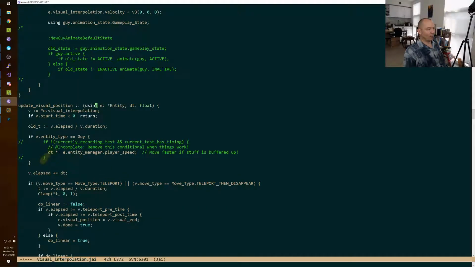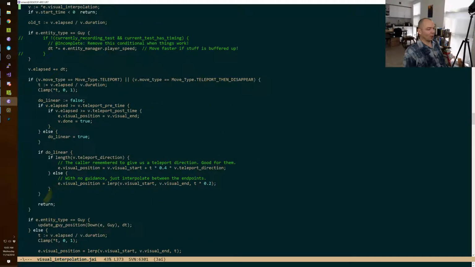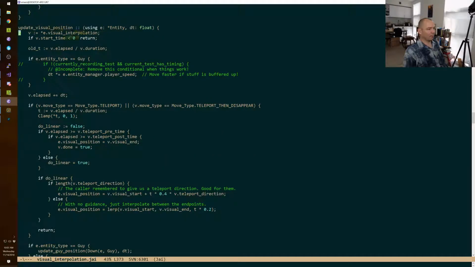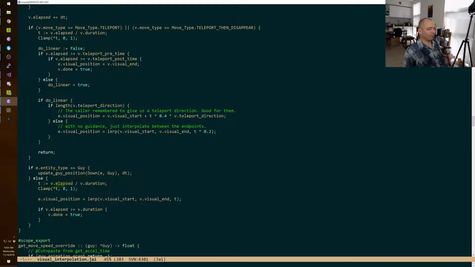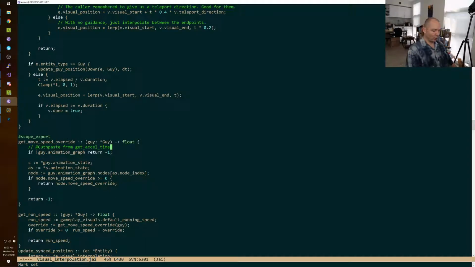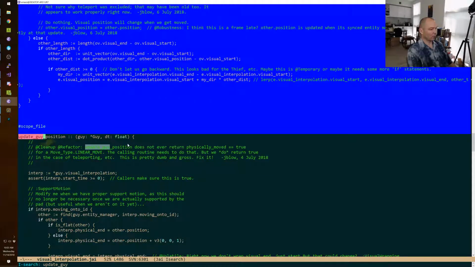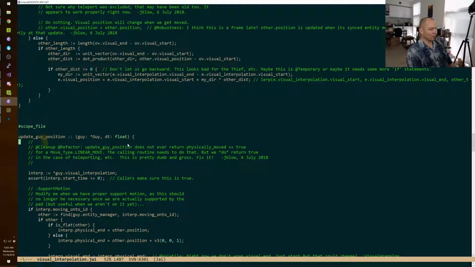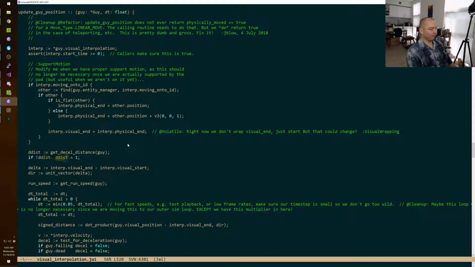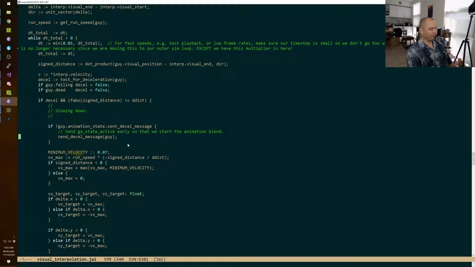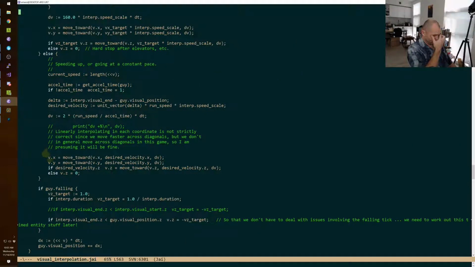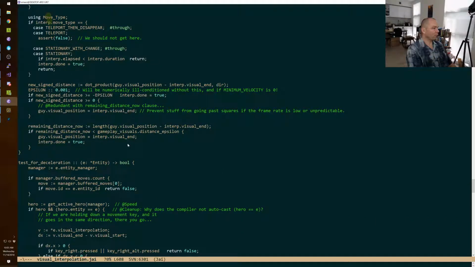So either something is happening differently in test mode, or, let's look at update guide position. And this is all that motion controller stuff.